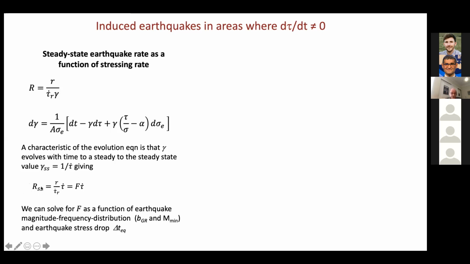This steady state earthquake rate is proportional to the tectonic stressing rate. And again, we can solve for F based on first principles, which is a scaling term for what the earthquake rate is, given some b value and some minimum observed magnitude, what the expected earthquake rate is as a function of stressing rate.